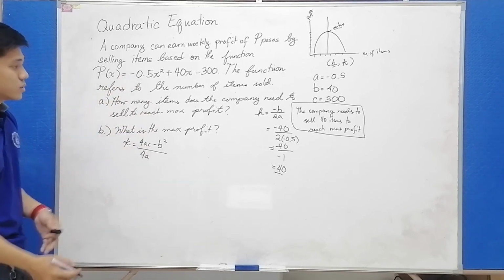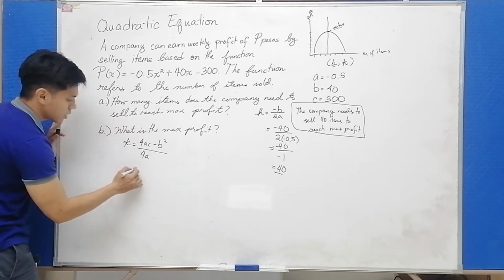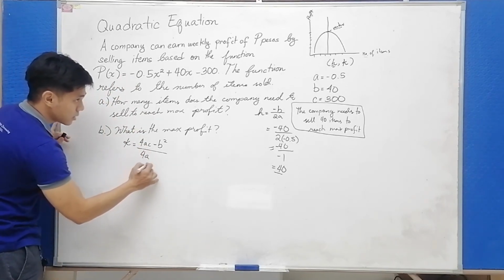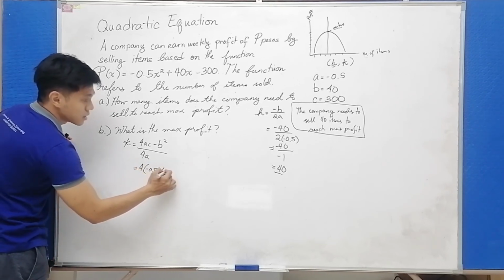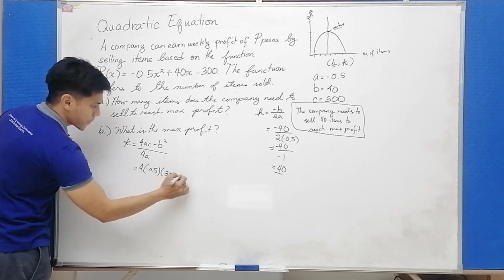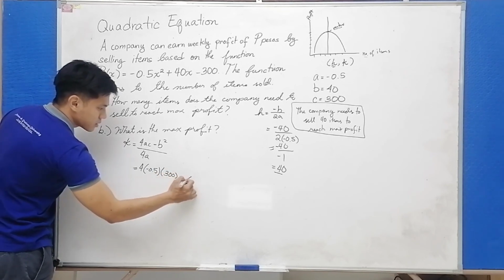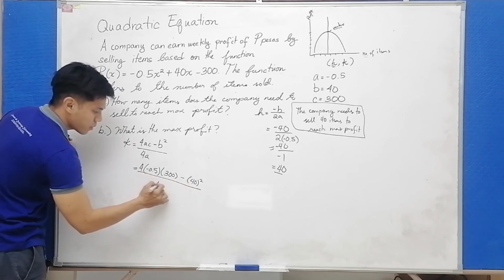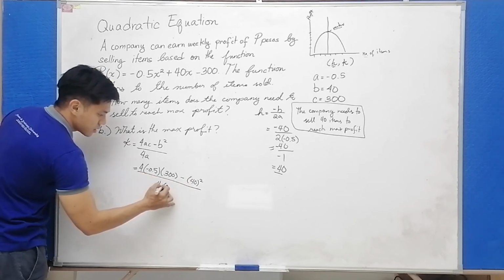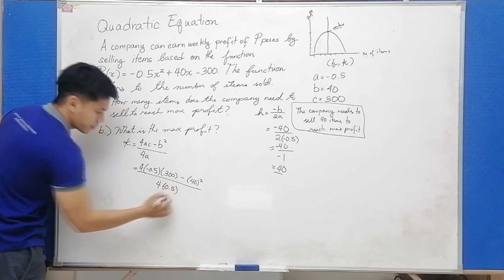So substitute the values here: 4 times negative 0.5 times negative 300, minus 40 squared, all over 4 times negative 0.5.